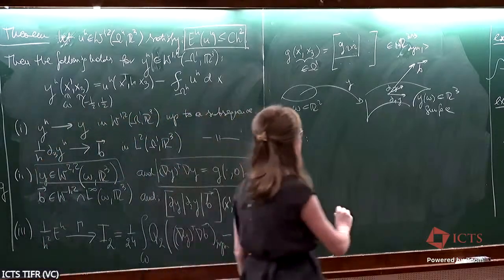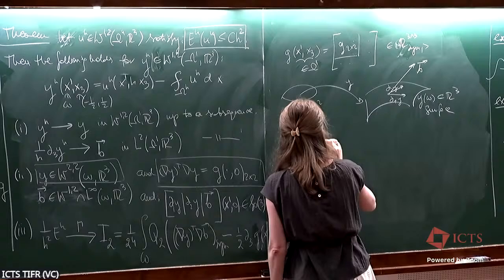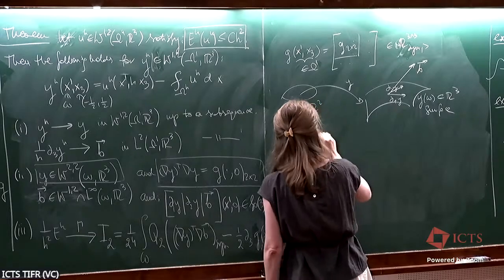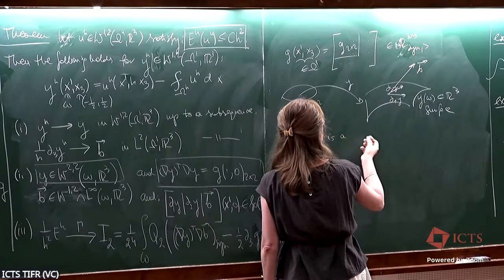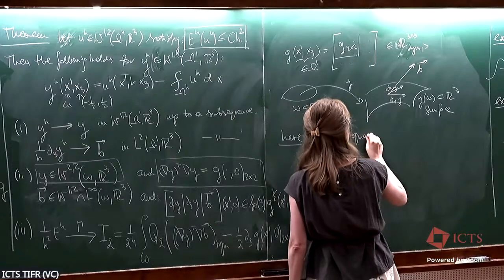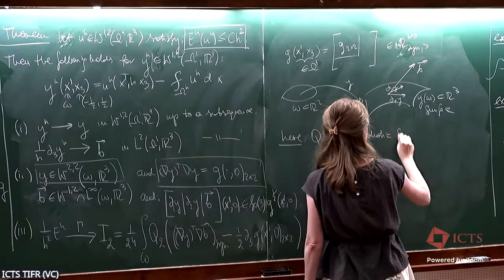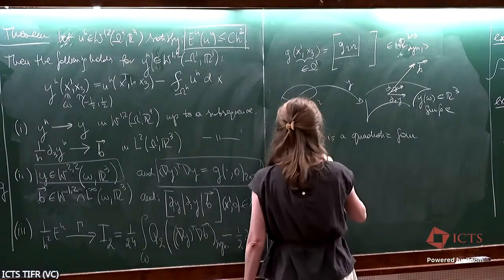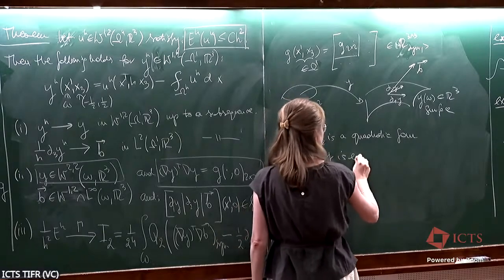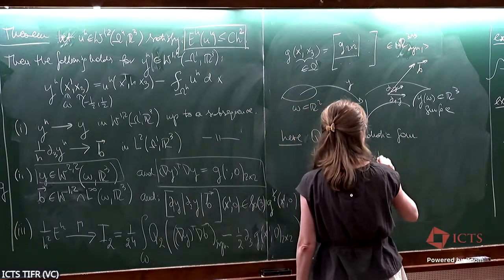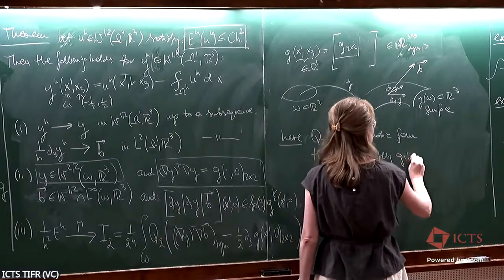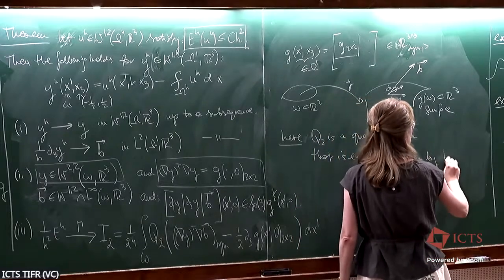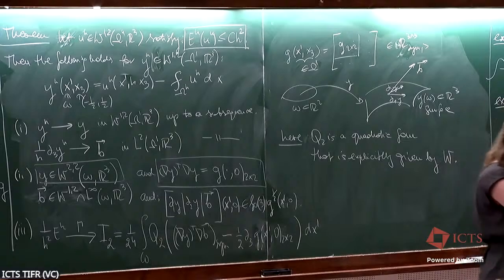So let me just say Q2 is a quadratic form that is explicitly given by W. Explicitly, I mean, you tell me what W is, I tell you what Q2 is.